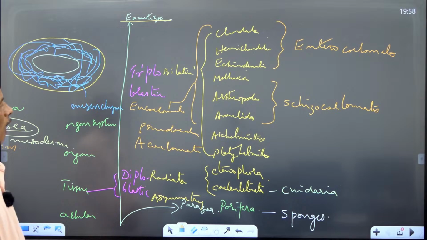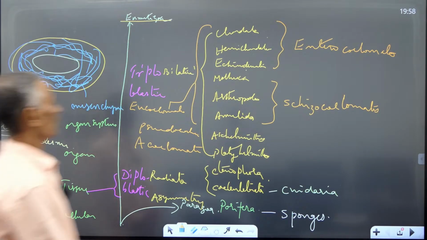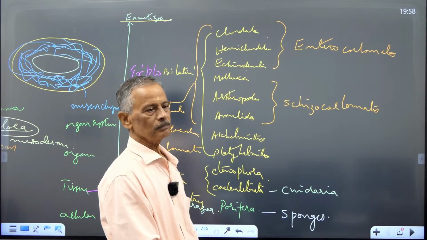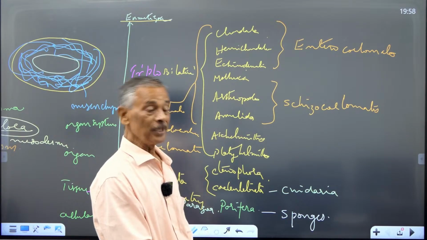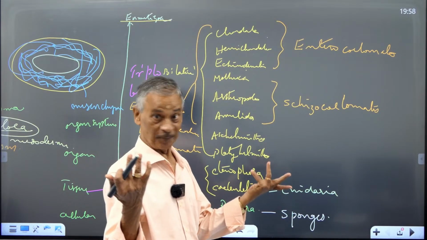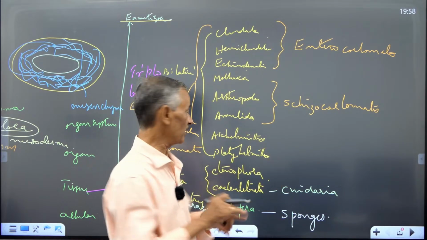Though all of them are triploblastic, in the circulatory system, in the alimentary canal, etc., you are having so many differences. Platyhelminths have an incomplete alimentary canal if it is present. Sometimes there is no alimentary canal.